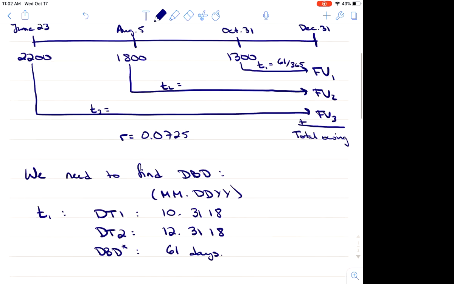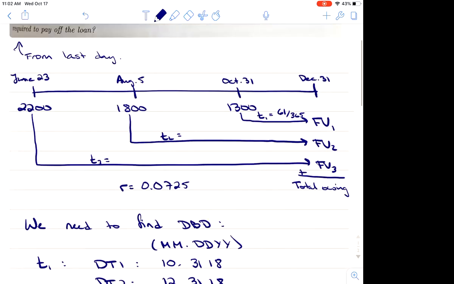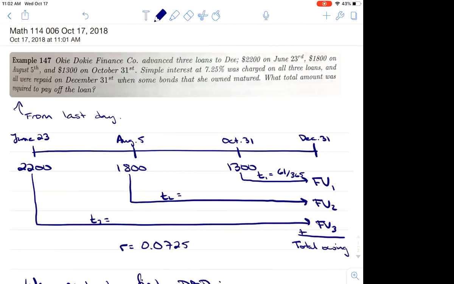So we said, okay, to finish drawing our timeline here, remember Okie Dokie Finance Company advanced 3 loans to D, so we drew our timeline, right? So we had 3 loans of different amounts on these 3 dates, and then she has to pay it all off December 31st, or New Year's, where all of these have some amount owing, right?